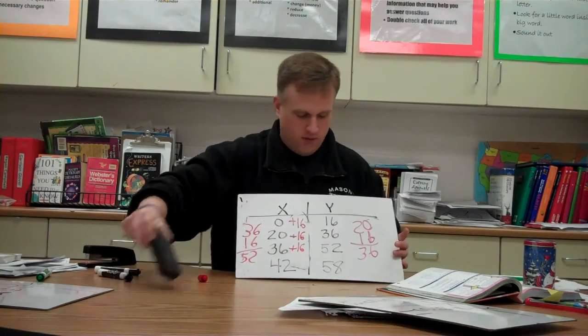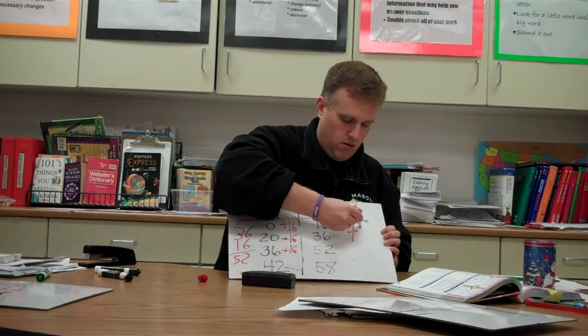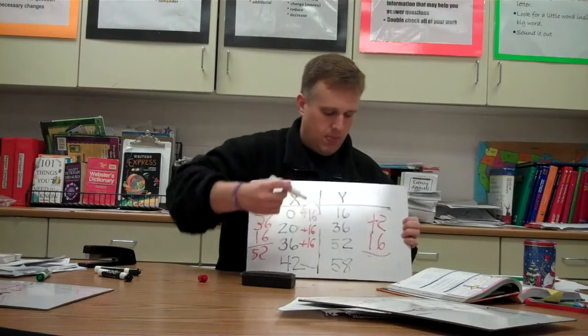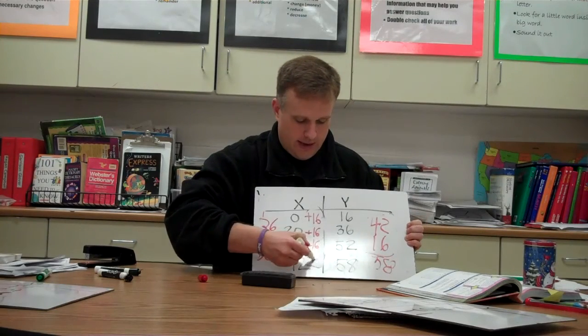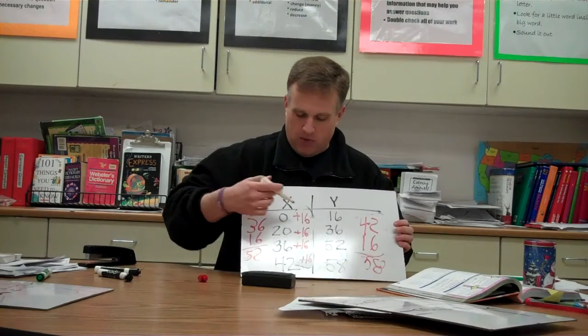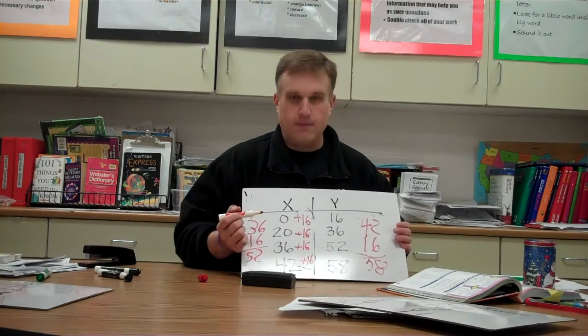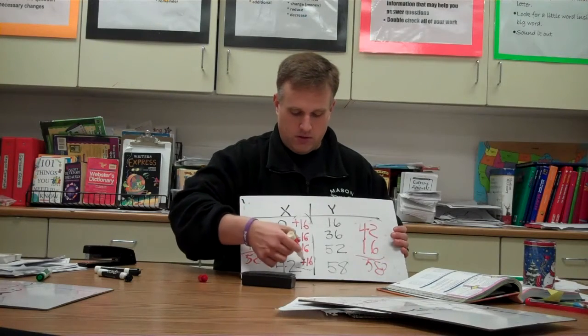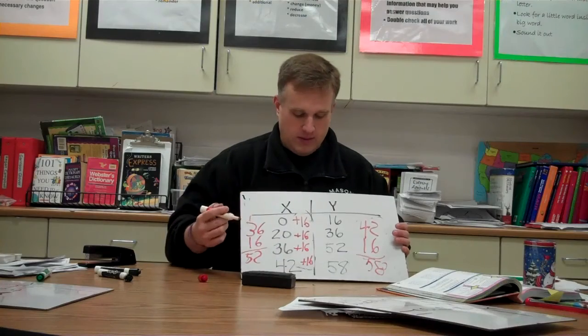And for the last one, 42 plus 16. 6 plus 2 is 8. 4 plus 1 is 5. And that gives me 58. So my rule for this one is I am adding 16. Okay? So y equals x plus 16. And that works for every one of these.